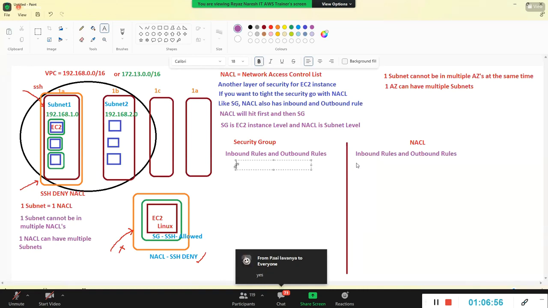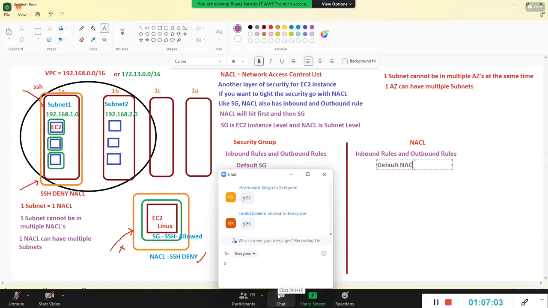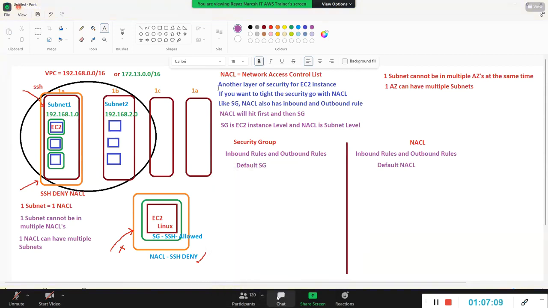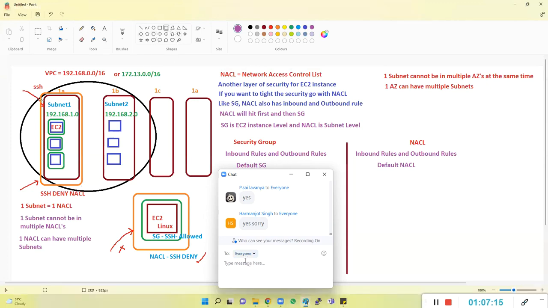Do we have a default security group? Yes. Do we have a default NACL? Yes. There will be a default NACL and all subnets are associated to the default NACL.